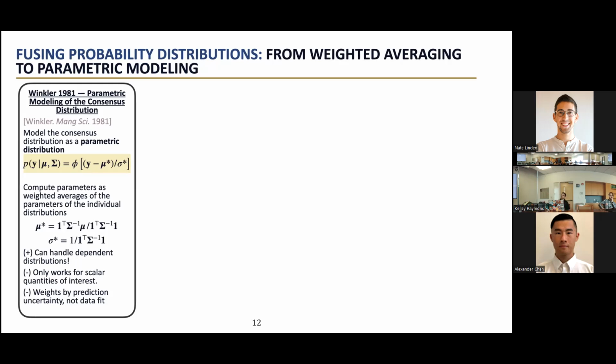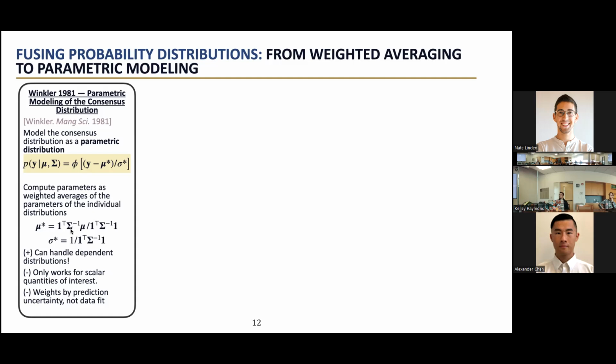And that's what this Winkler 1981 approach does. So our consensus distribution is this new distribution, and it has mean and variance that come from all of the means and all of the variances of each model that goes into it. And this is good because it can handle correlations between the models. So maybe the model formulations were very similar, so they'll be correlated.